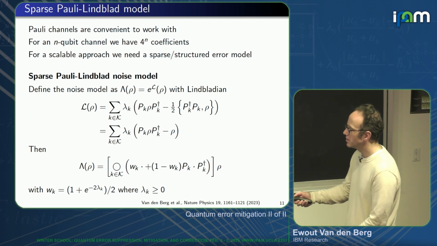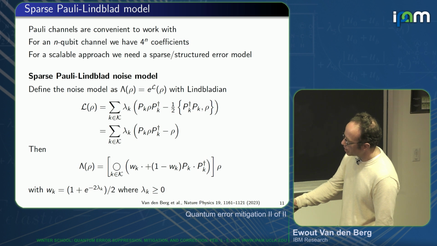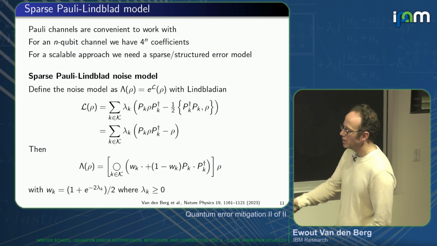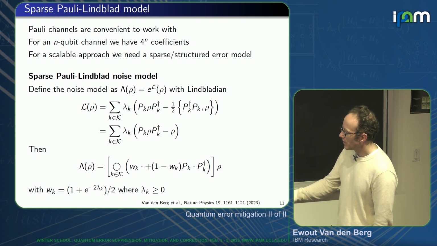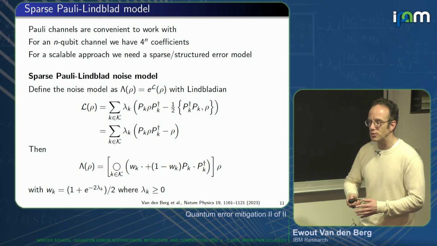So apply this on the next one, where each of these terms here is a tiny little Pauli channel. You have some weight times your operator, 1 minus weight times the Pauli applied to this. I don't put rho here because you need to sort of multiply these channels together.